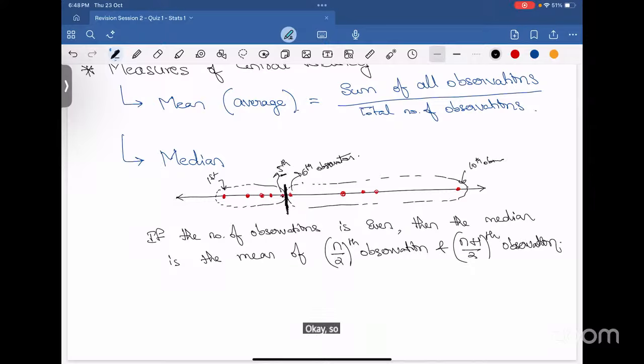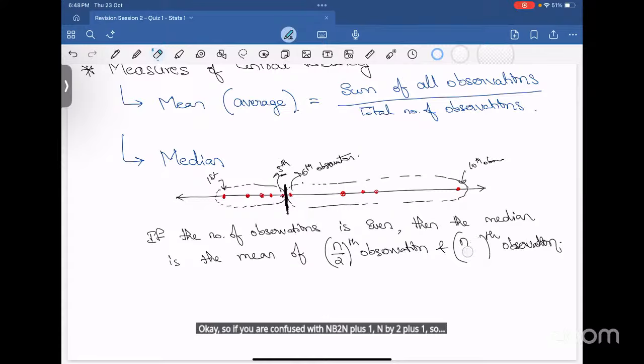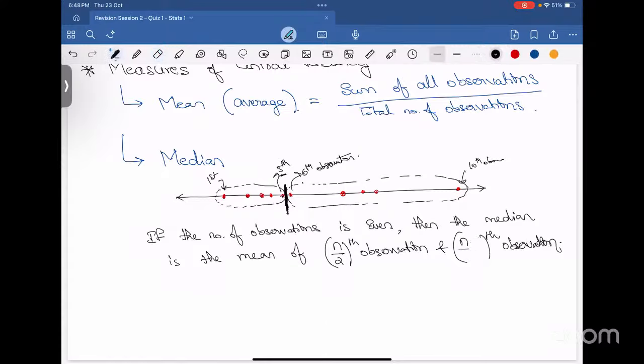Okay, so if you are confused with n by 2, n by 2 plus 1, think of it like this: if it is even, you divide it into half. So that observation you should consider and the next observation, and take the mean of them.